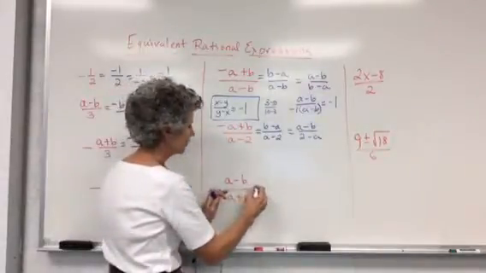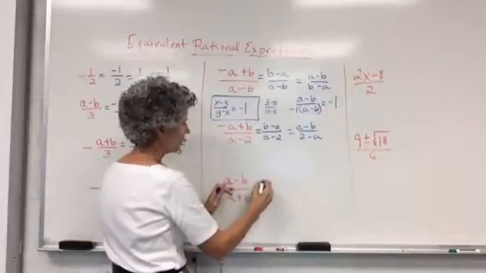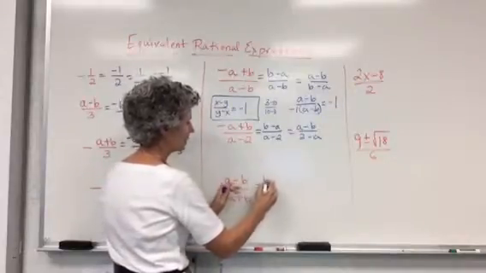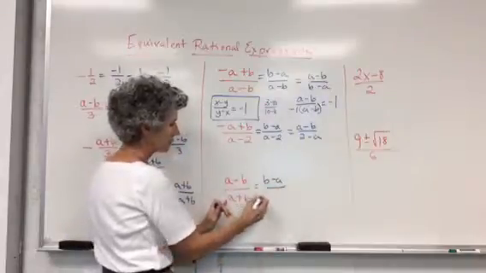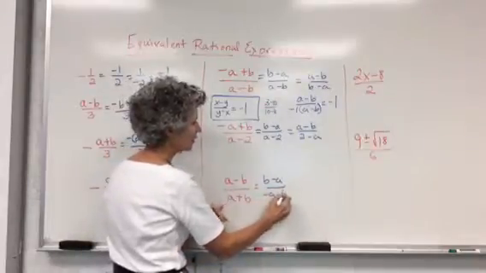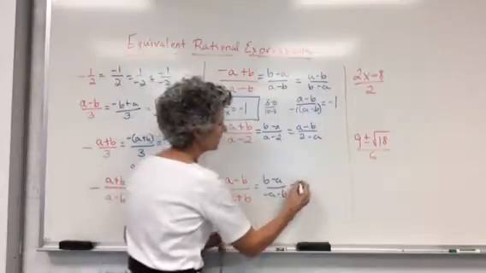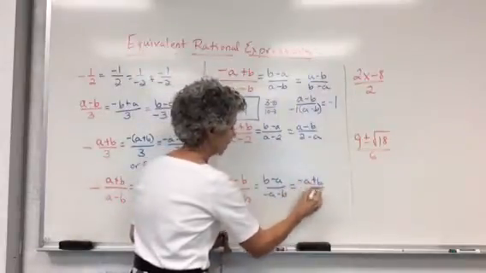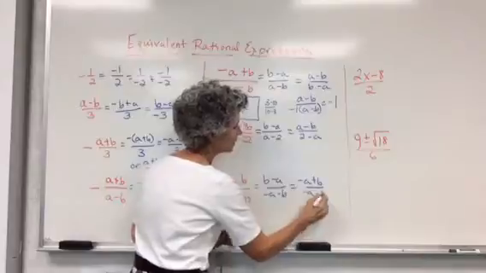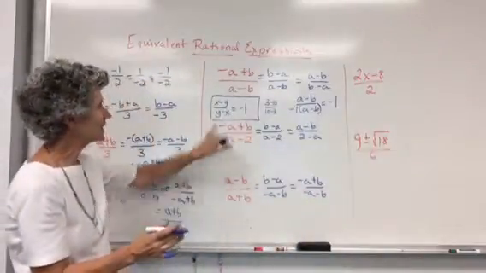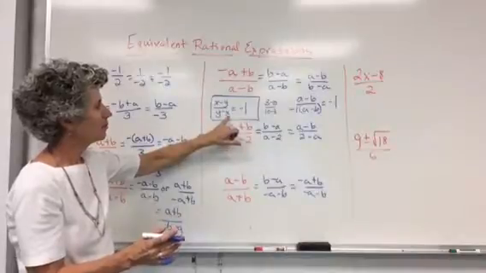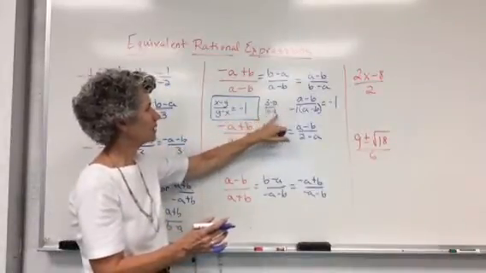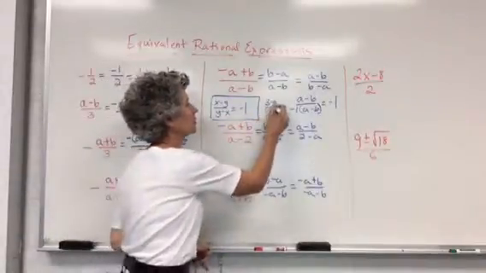So down here, I could take a negative out and the b would be positive, the a would be negative. I have to take the negative out of here also, so the a would be negative and the b would be negative. You might see it written as negative a plus b over negative a minus b. No canceling. The one that cancels is this, x minus y over y minus x, because that's like 3 minus 10 over 10 minus 3, which you know is equal to negative 1.